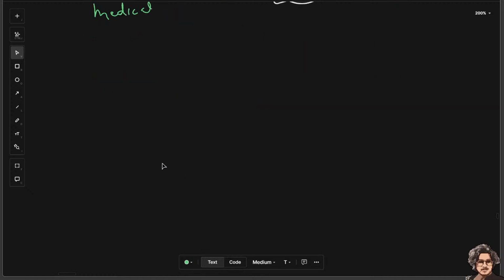Moving to the next question: what is few-shot prompting? Few-shot means providing examples inside a prompt.